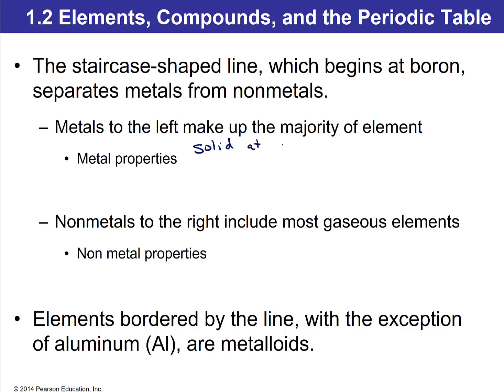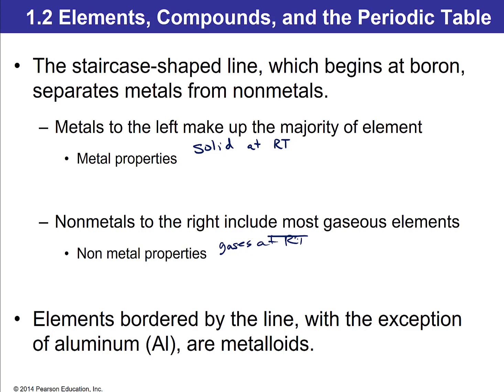Solids, liquids, or gases? Yeah, see where all the gases are. Nitrogen, oxygen, fluorine, all of those noble gases and chlorine, those are all gases. So you have a lot more gases at room temperature. Not all of them, but more of them.